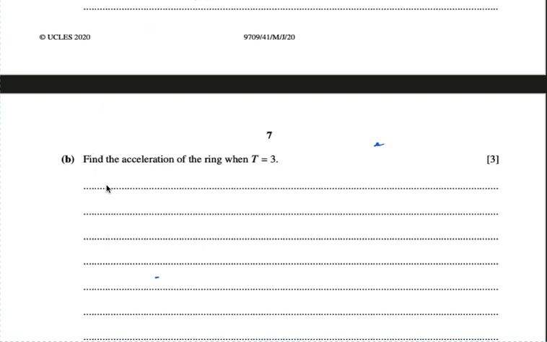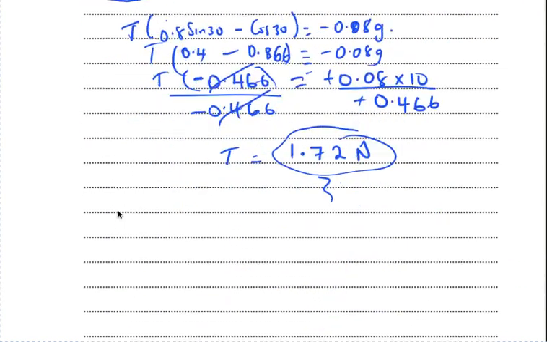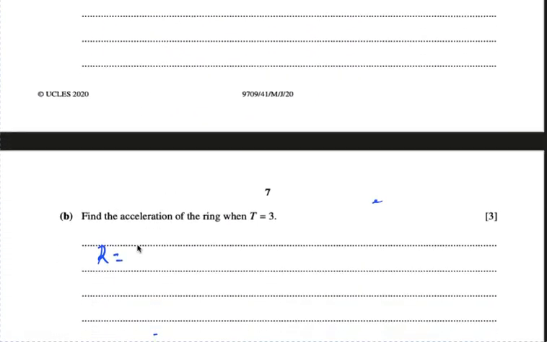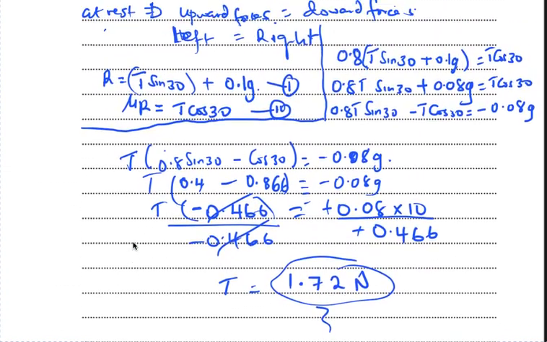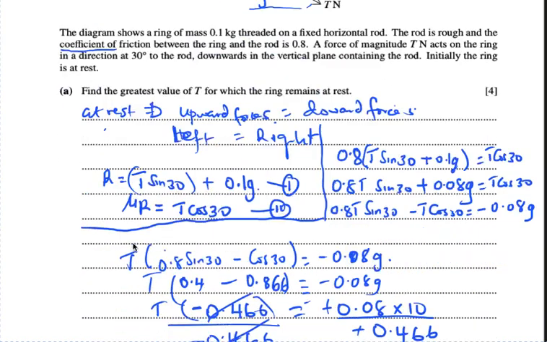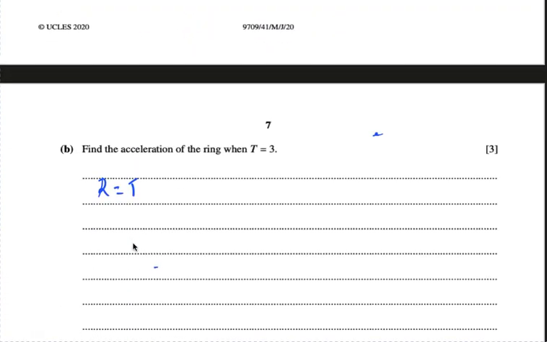So now we already have R. Okay, we are just going to consider the horizontal forces. So it was T cos 30 equal to the friction force mu R.